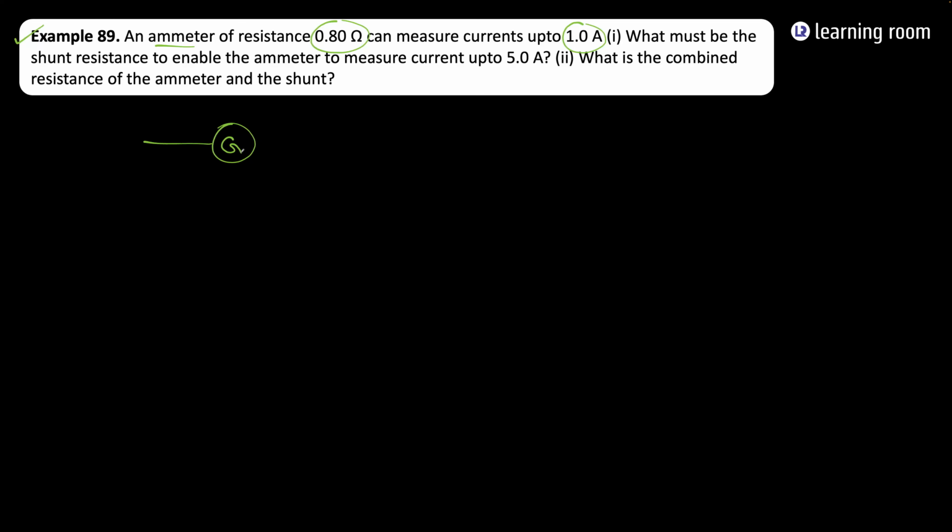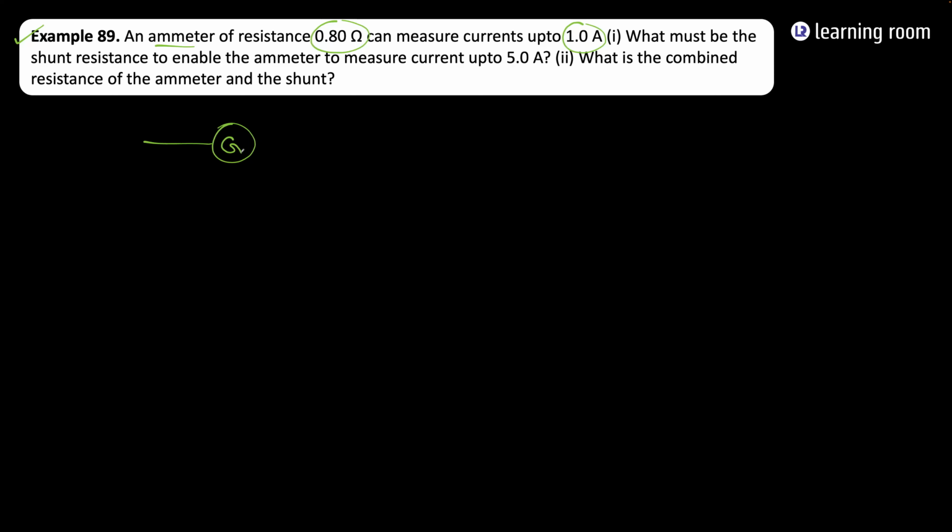What must be the shunt resistance to enable the ammeter to measure a current up to 5 ampere? It means the original galvanometer has already been converted to an ammeter which can measure up to 1 ampere current. Now you want to upgrade it. So across this device, you are connecting the resistance.